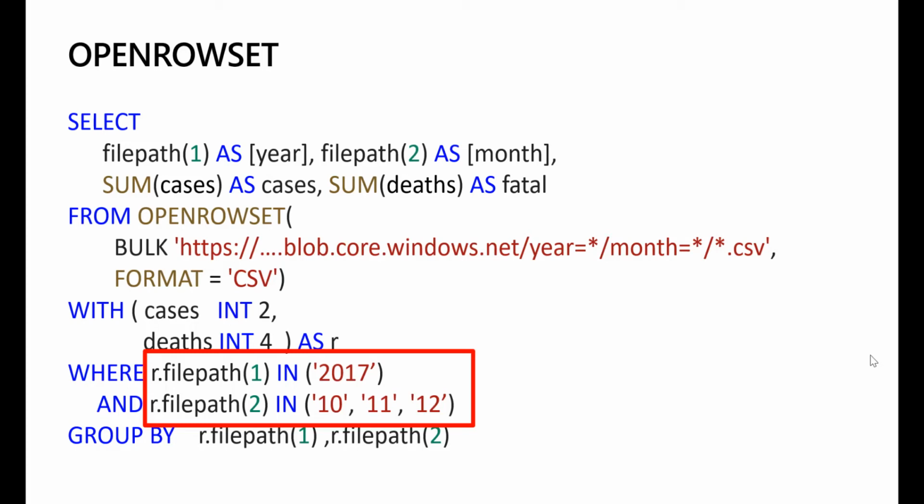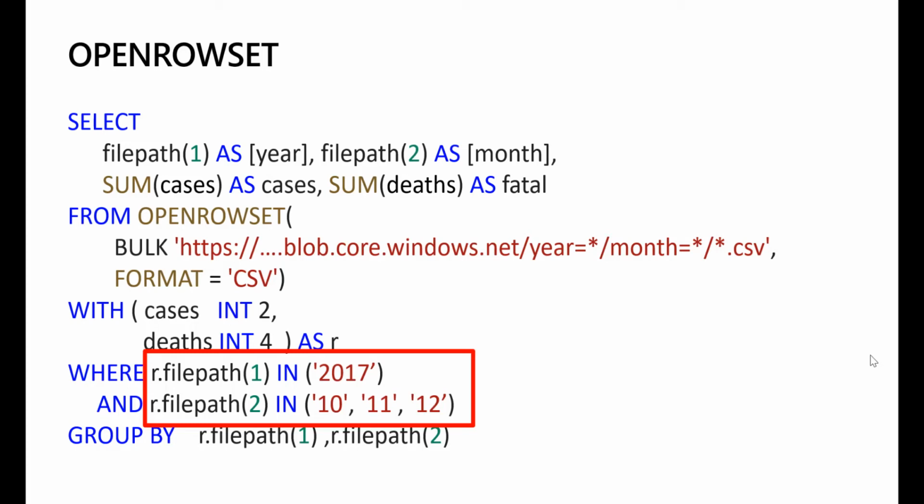This is important because OPENROWSET can do partition elimination based on this criteria. OPENROWSET will not read all files that are referenced with this wildcard pattern because it will first evaluate the values in the WHERE clause.